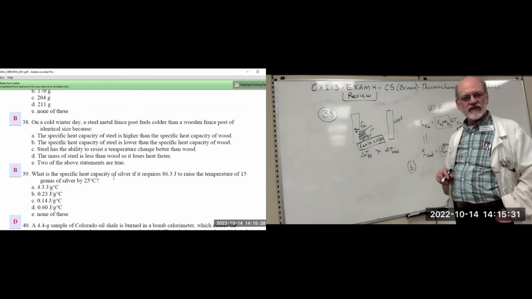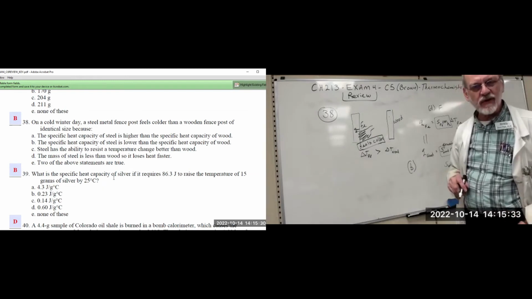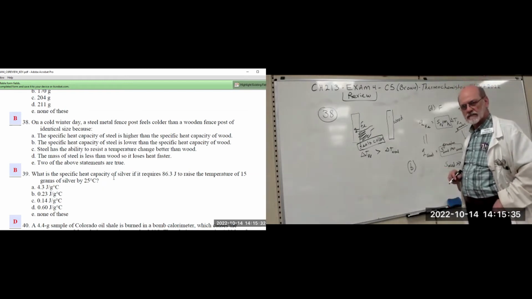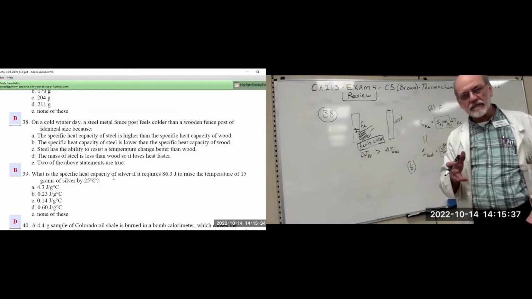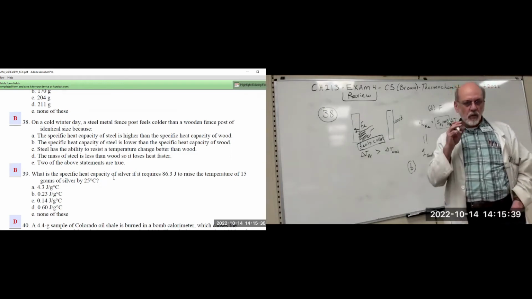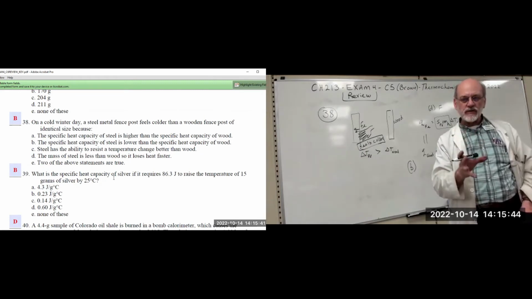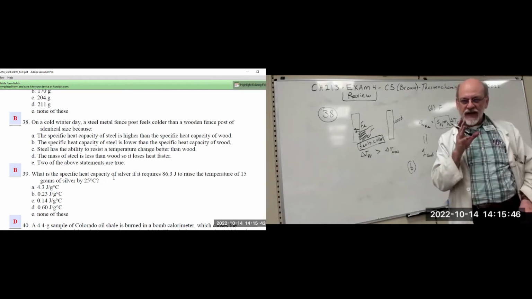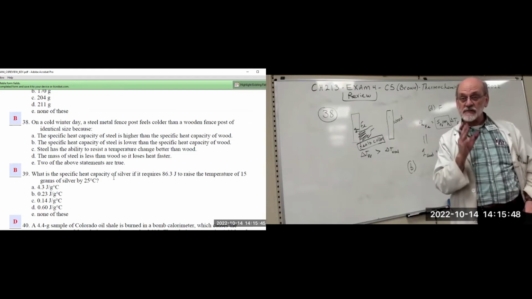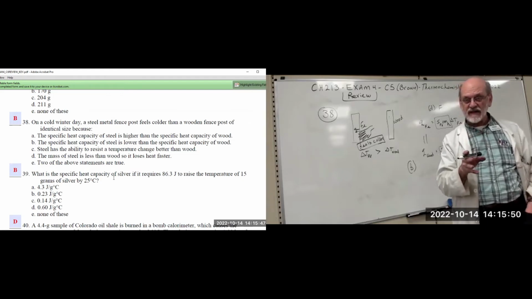Steel has the ability to resist a temperature change better than wood. What does that mean? What that statement means is, a measure of the temperature change with the amount of heat is specific heat capacity.